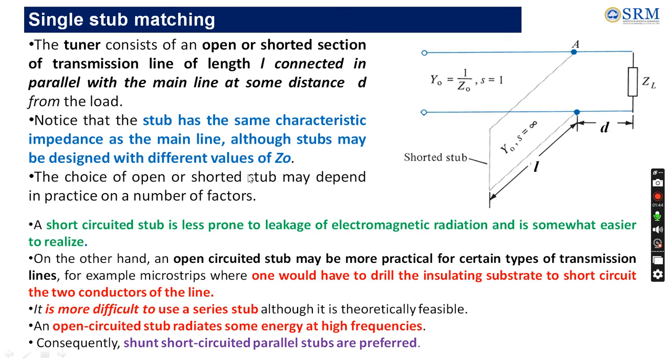The choice of open or short circuited stub depends on various reasons. Let us see it. Why we are preferring a short circuited stub is because it is less prone to electromagnetic radiation leakage, and it is easy to realize also. In the case of a short circuited stub, what we do is drilling to connect the two conductors of the line.